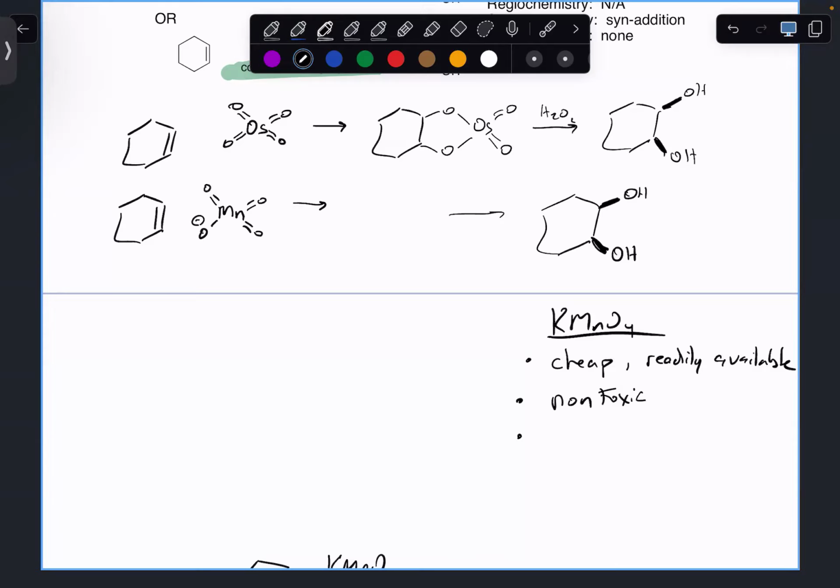However, the drawback here of using permanganate for this is that the yields are sometimes not great. With osmium tetroxide, the yields are really good. They're really high yielding, good reaction.